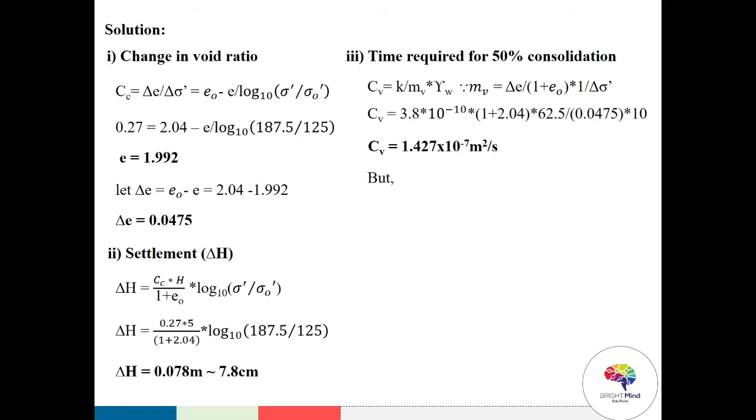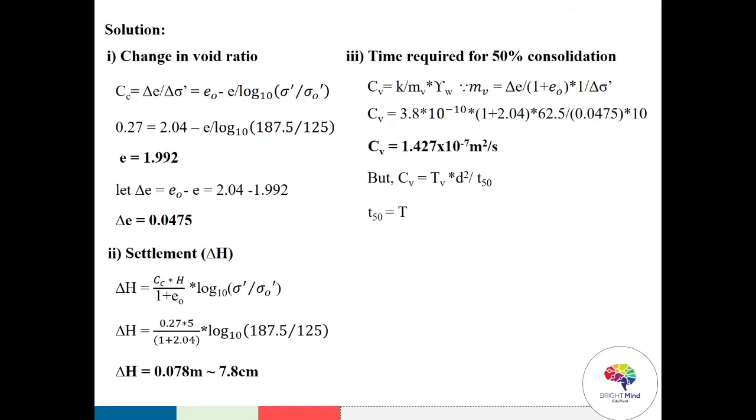Also, the coefficient of consolidation is equal to Tv into d square upon T50, where d is the length of the drainage path. The time factor Tv is provided to us, the length of the drainage path can be computed since the condition is provided, and the coefficient of consolidation is already computed. So the unknown T50 can be calculated.